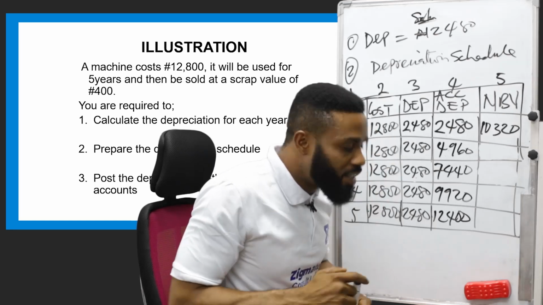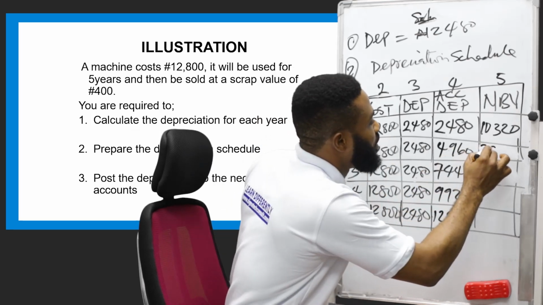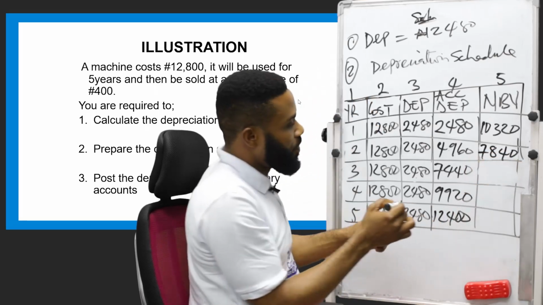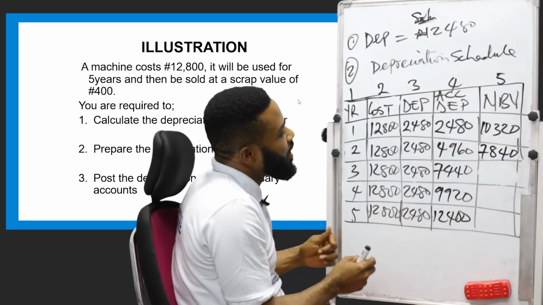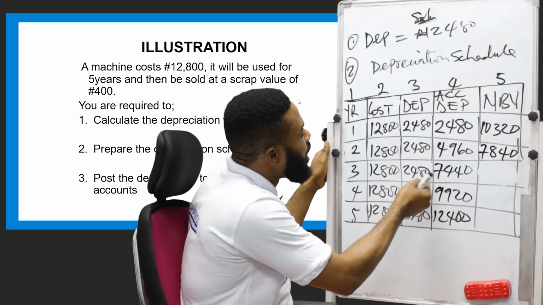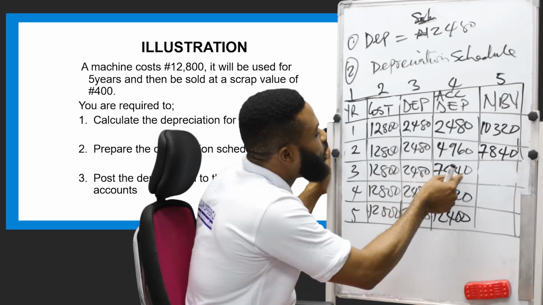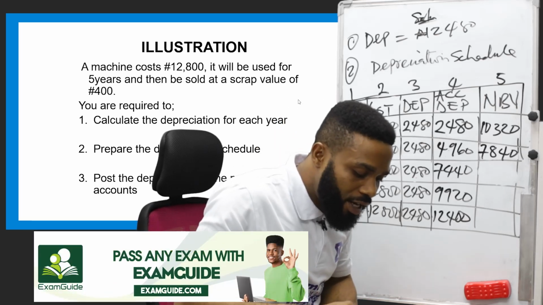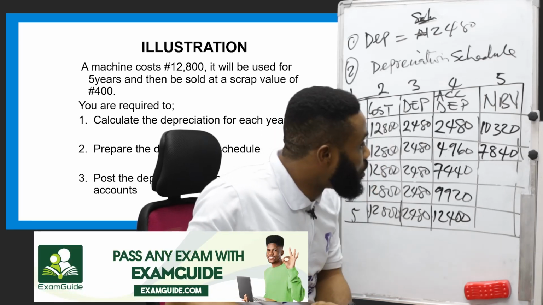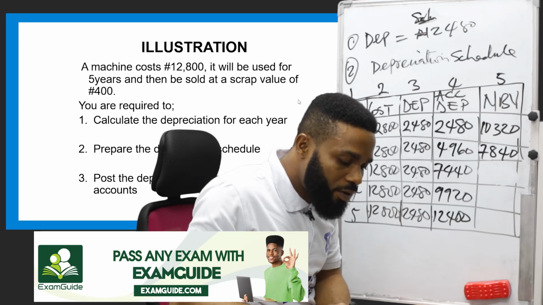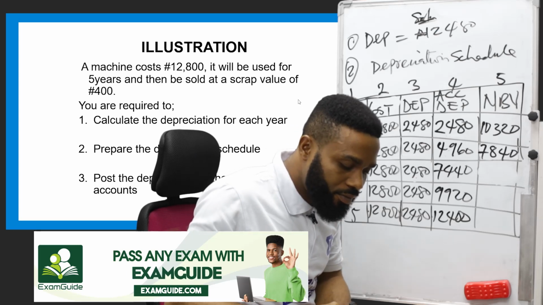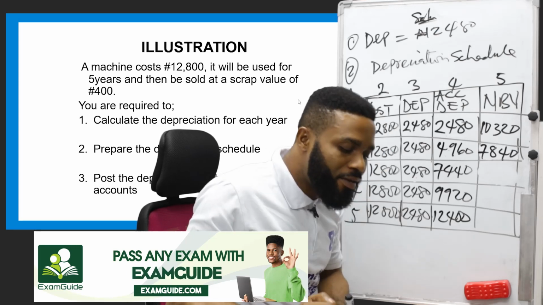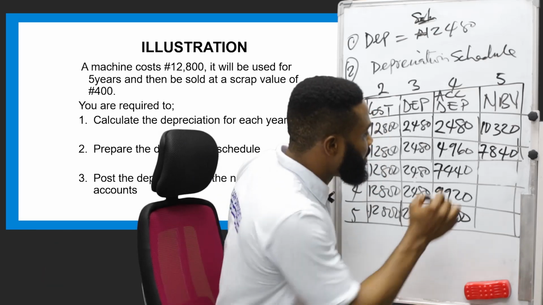You have 7,840. And then we subtract 7,440 from 12,800. 12,800 minus 7,440. You have 5,360.